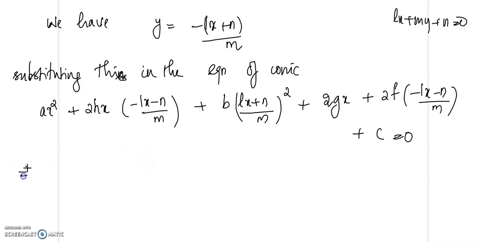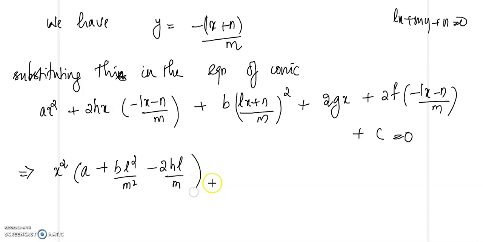First let us take the coefficient of x square, that will be a plus b l square by m square minus 2h l by m.